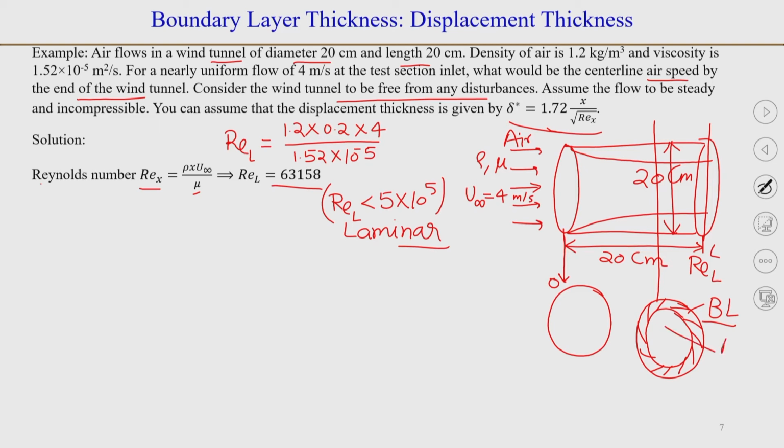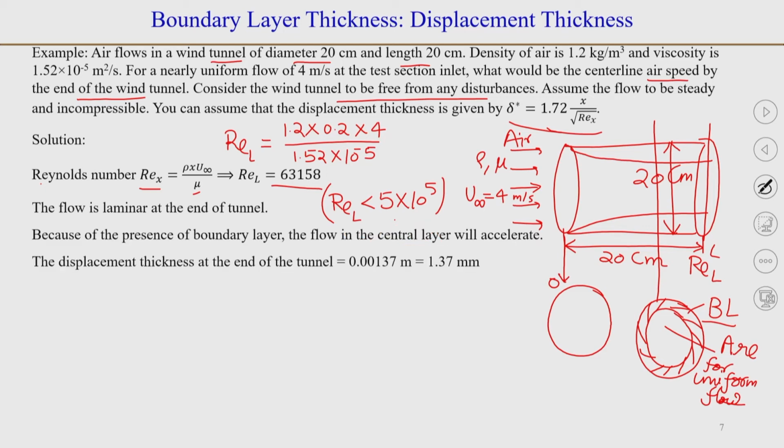Let us say this is the area for uniform flow, or say potential flow, in this outer region. Then we can calculate from mass balance how much the flow will be accelerated.